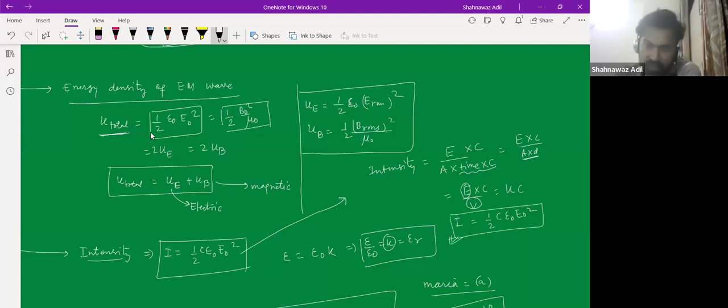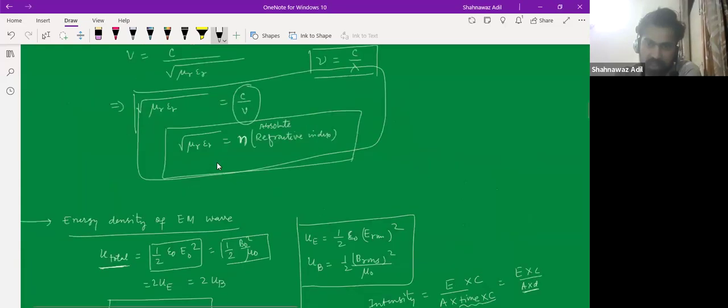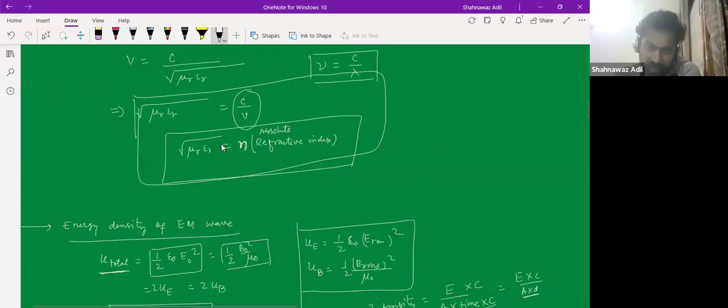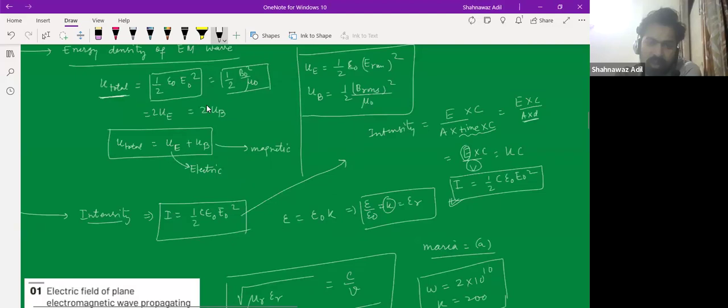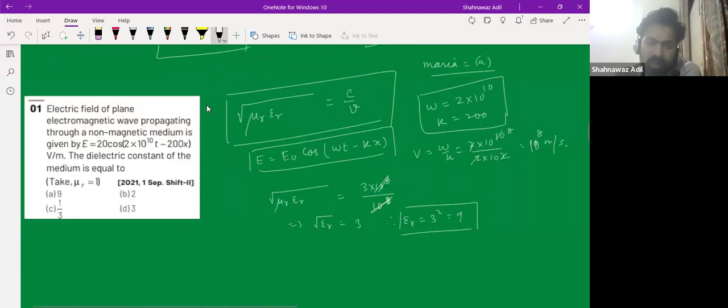This is important, and this result is very, very important. Also how the refractive index is related with the permittivity and permeability, right? These are the relations which are important, and then the rest of the question would be easy, right?